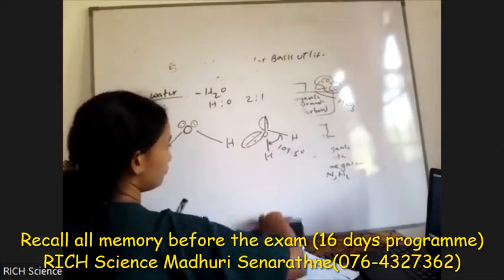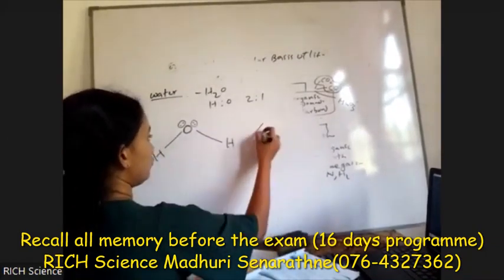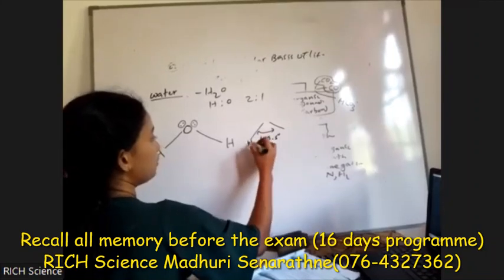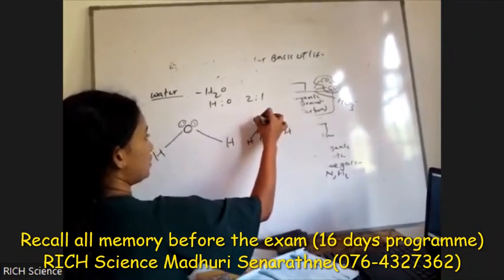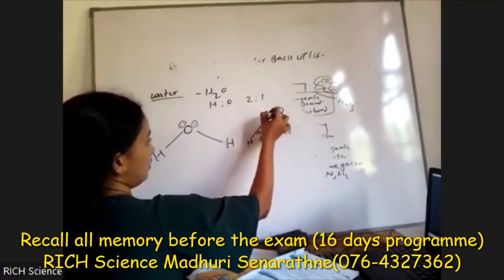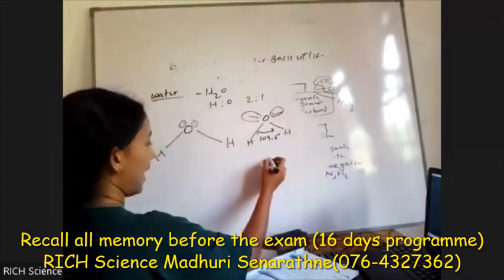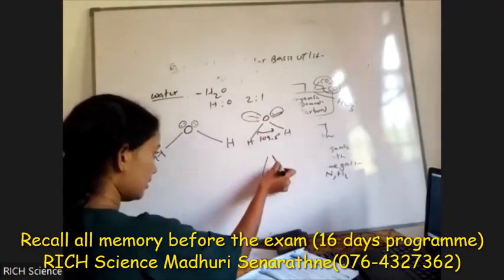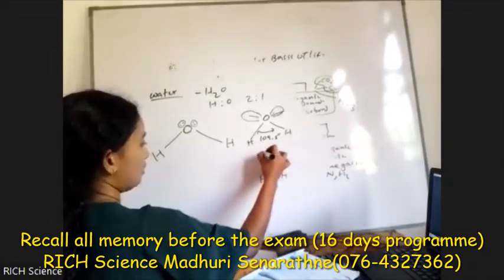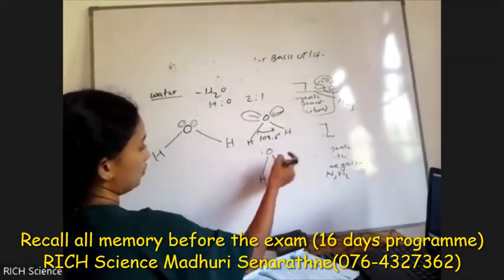Therefore, this is the 109.5 angle, but actually the bonds are pushed close to each other due to the high repulsion of these two lone pairs.